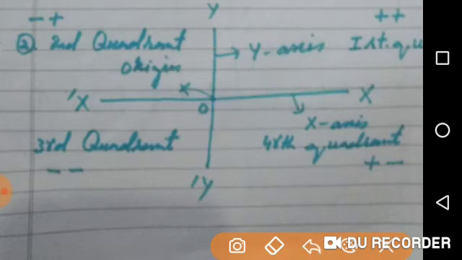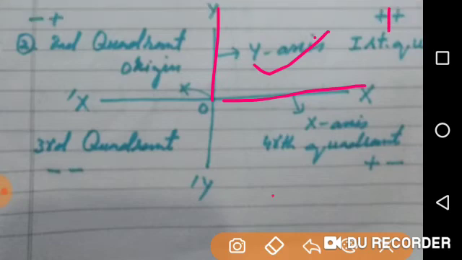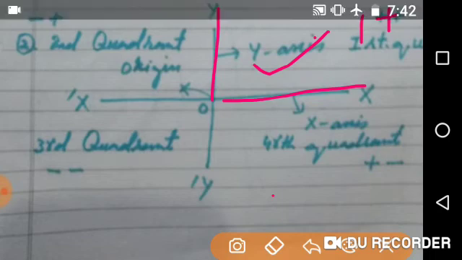Okay. Now, if you look at the first quadrant, you will find that in this quadrant, values of x are positive and values of y are also positive. So, this quadrant is a quadrant wherein all the positive values are here. So, we write plus and plus here.